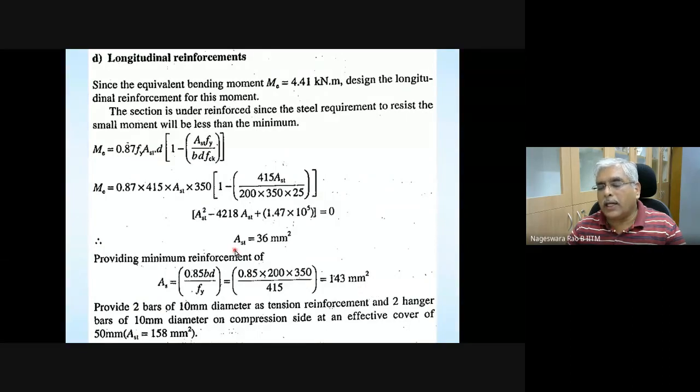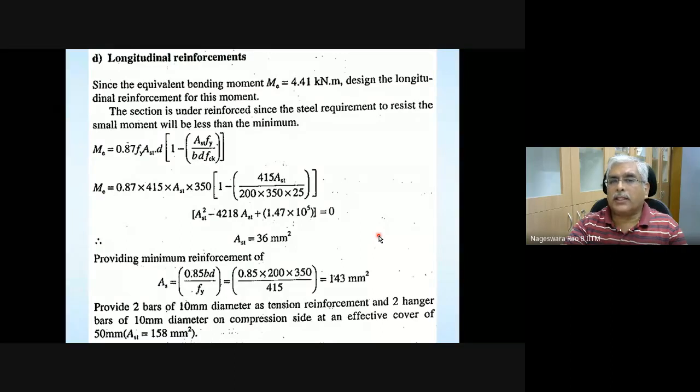So actually the reinforcement is calculated, and whatever is mentioned in this statement is based on this. Whatever steel that you are getting is less than the minimum reinforcement requirement, so provide this minimum reinforcement, and that is the reason the section is assumed to be under reinforced.